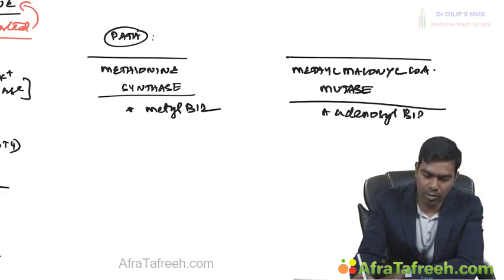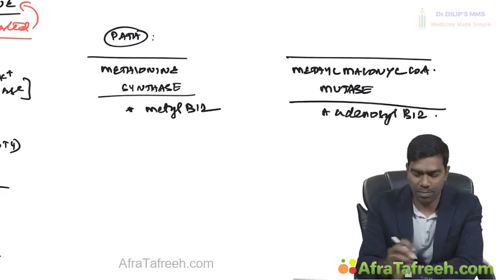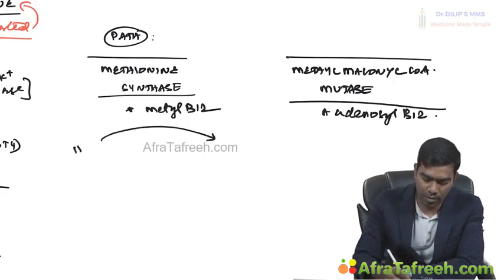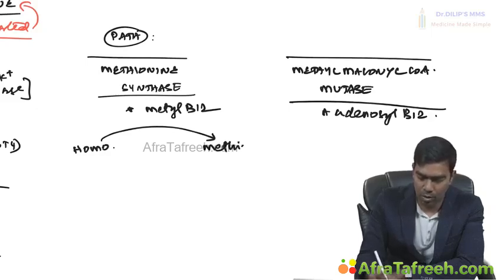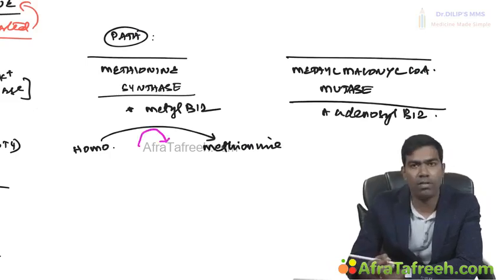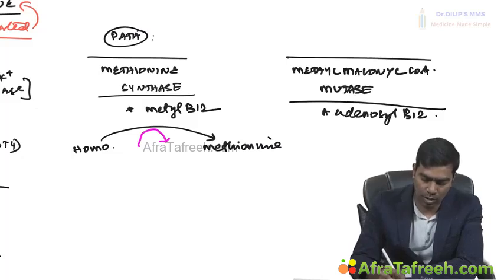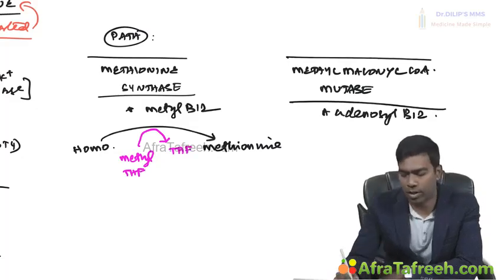So this acts as a cofactor. Methionine synthase converts homocysteine to methionine, and in the process it also converts methyl THF to THF. That's what is going to happen.